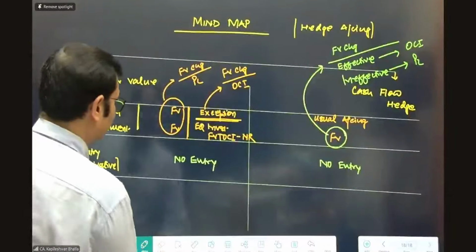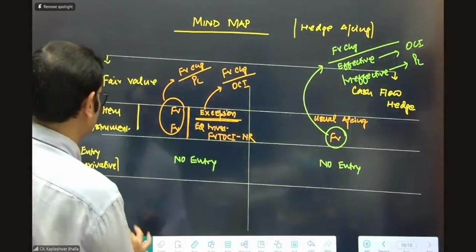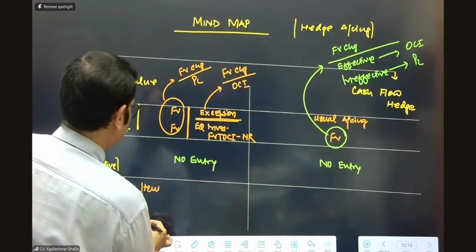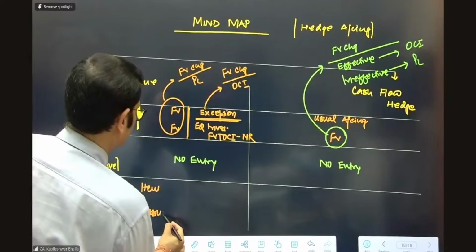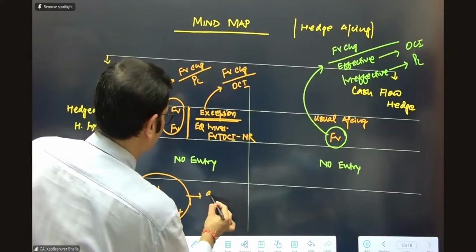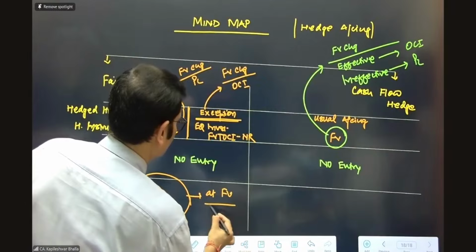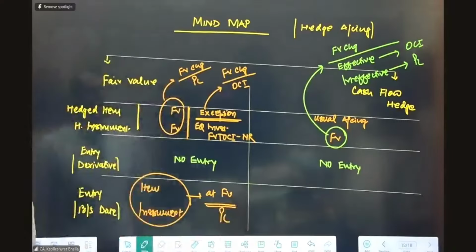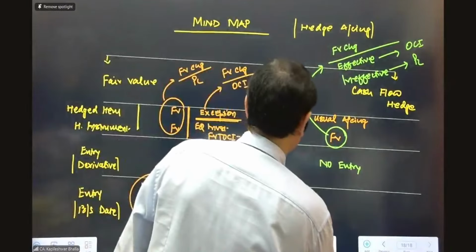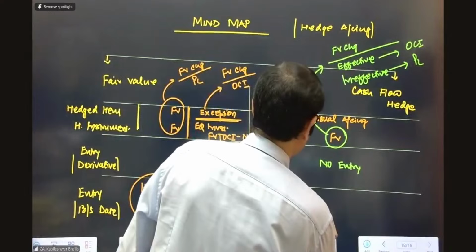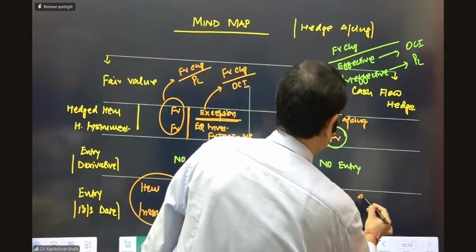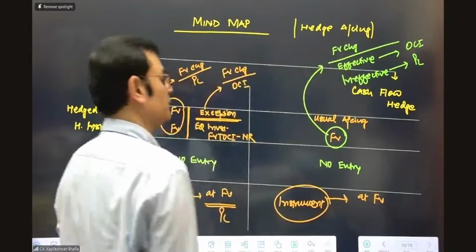Now, on the balance sheet date, we've already seen this, but just to reiterate, can I say the hedged item and the hedging instrument, both these items are captured at fair value, and the fair value changes are entered in the P&L with the exceptions. And in the cash flow hedge, on the balance sheet date, it is only the fair value changes of the instrument which are captured at fair value.